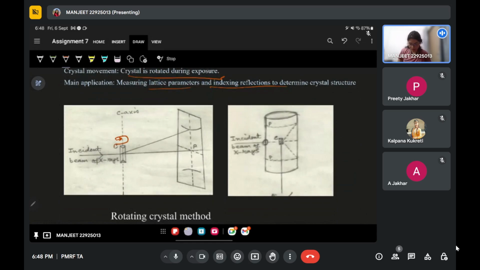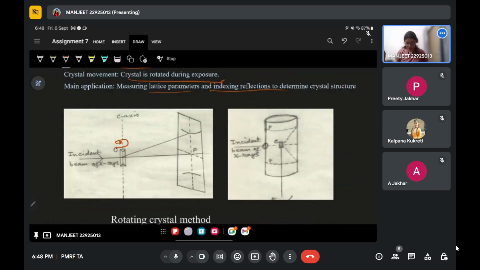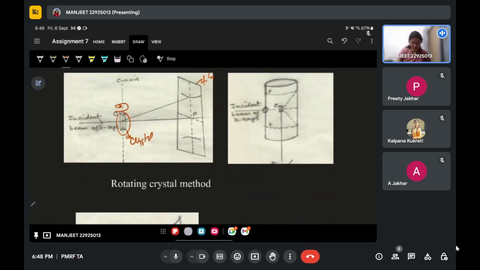This is the setup for the rotating crystal method. This is the incident beam, and here is my crystal, which is rotating, and we have attached a film here, where the diffraction is recorded and we get the pattern. Or this is another setup, the same thing, with a cylindrical detector around in all directions because the crystal is rotating, so we get the corresponding ring.